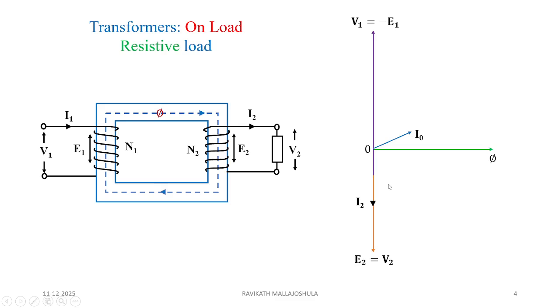Then to find out the primary current, we have the no load current and we have the load component of the primary current. The combination of these two gives you the primary current, and the angle phi 1 is obtained per a unity power factor for a resistive load when it is connected as a load for the transformer without resistance and reactance components on the primary and secondary windings.